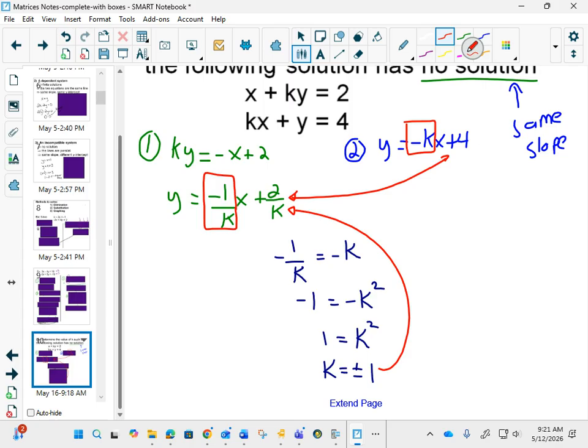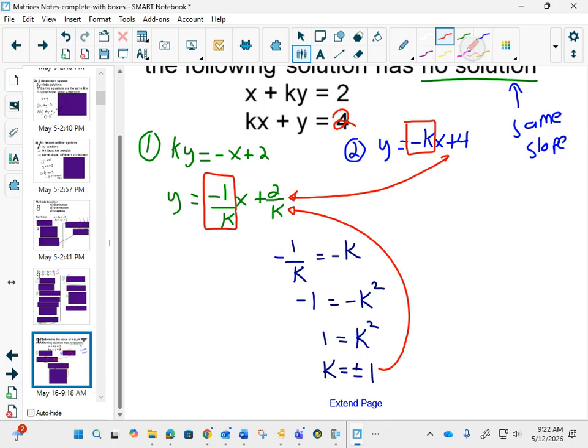So if I really wanted to make this the most complicated possible, if I had made this number here originally a 2, then the +1 answer you'd have to cancel out. Because the +1 answer would actually make both equations the same. And you'd have infinite solutions. The -1 answer is the only one that would make them different.